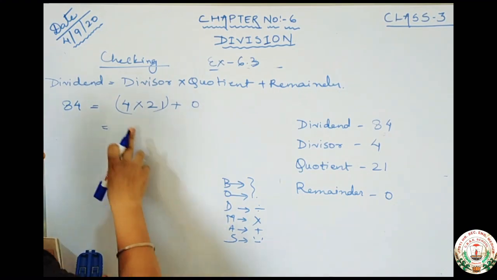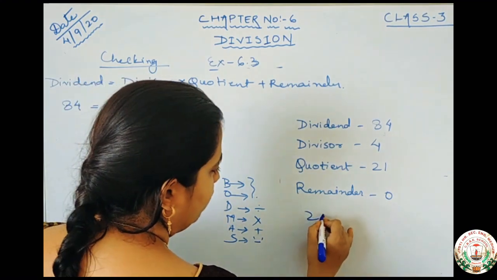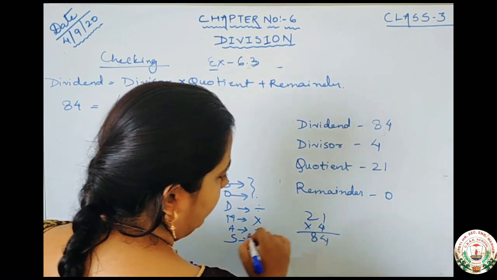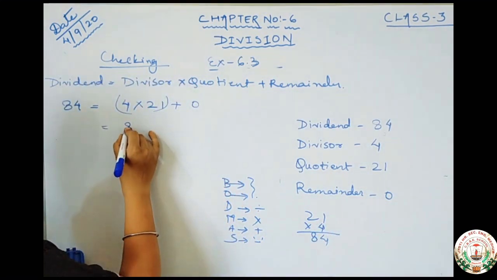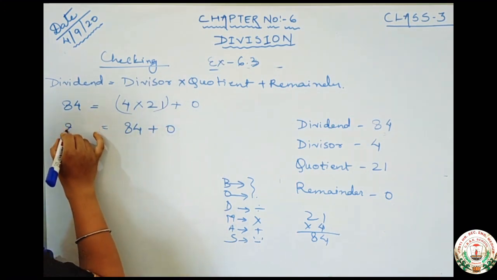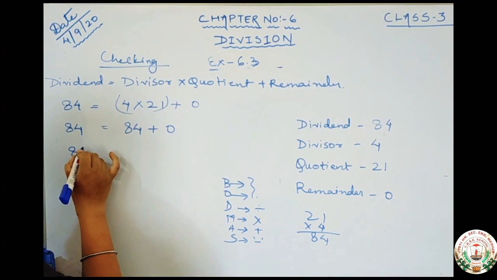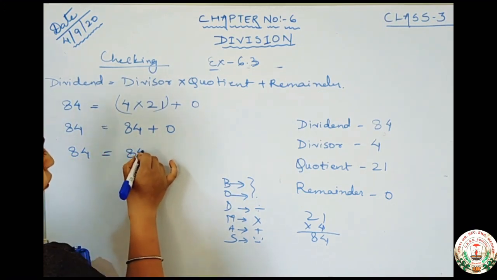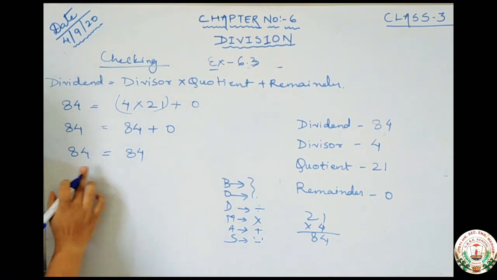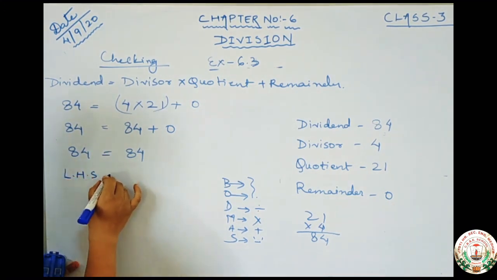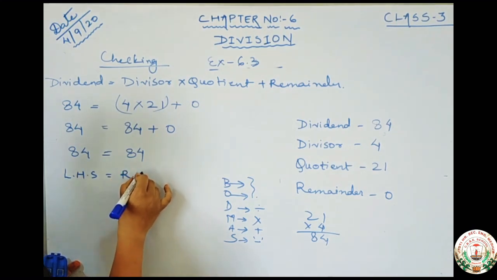पहले multiply करेंगे 21 into 4. You will do it in rough. 4 ones are 4. 4 twos are 8. 84 plus 0. And here also we will write 84. 84 plus 0 is 84. Both the answers are same. So we will write here LHS is equal to RHS.